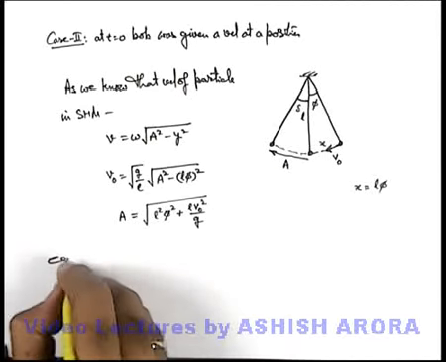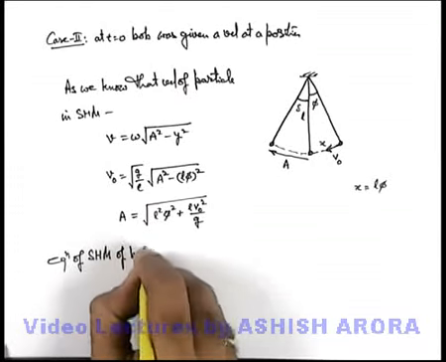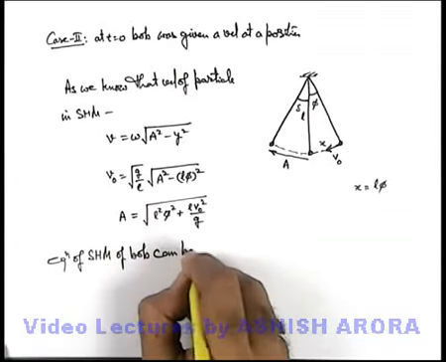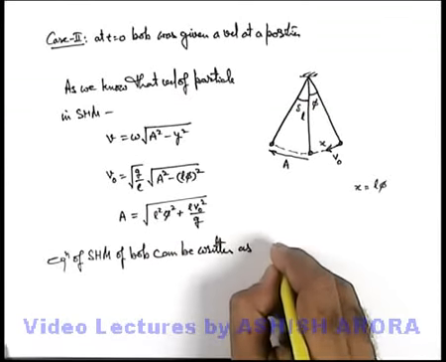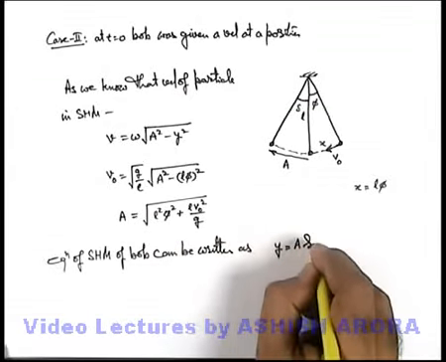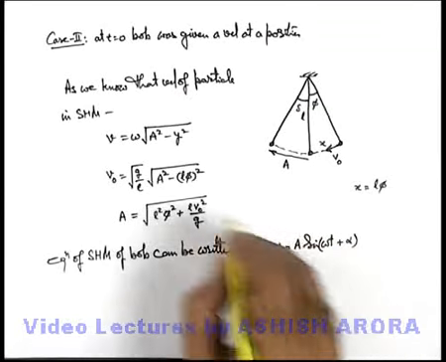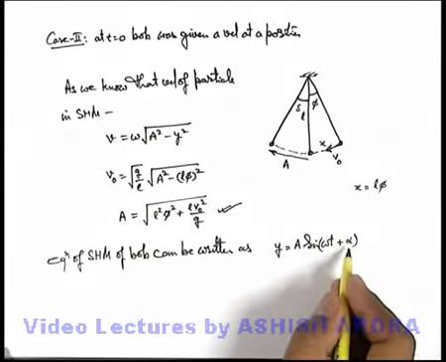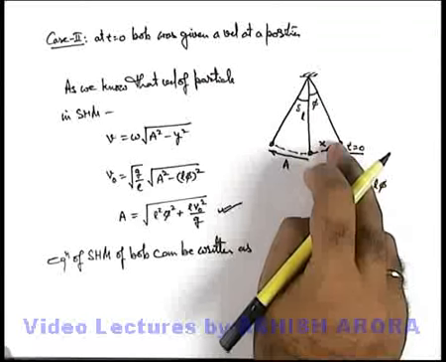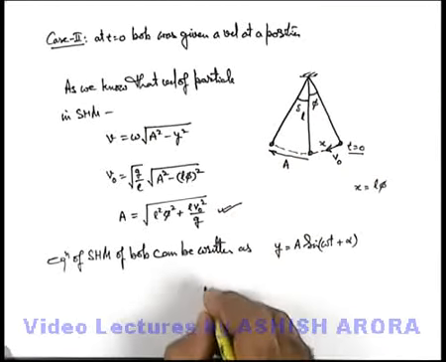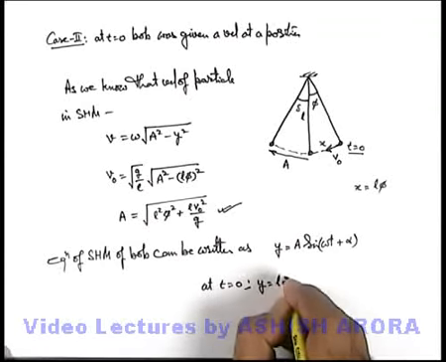So we can write the equation of SHM of the bob as y equals A sine of omega t plus alpha, where the amplitude is given by this expression and alpha is the initial phase, and at t equal to 0 the particle was located at an angle phi. So at t equal to 0, y was equal to L phi.